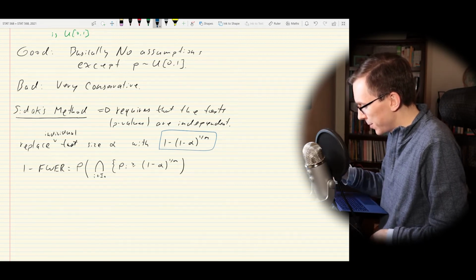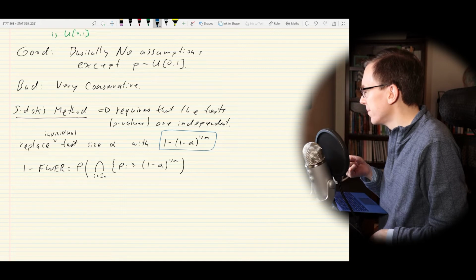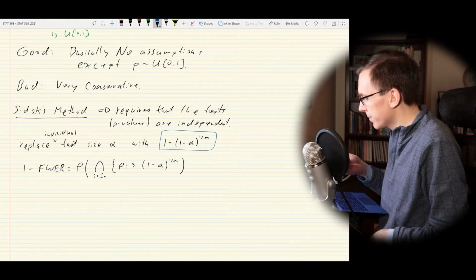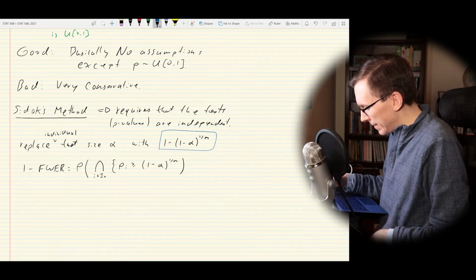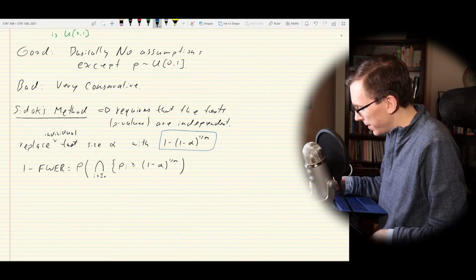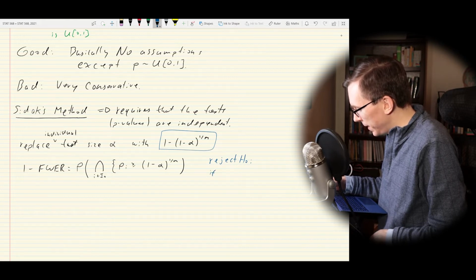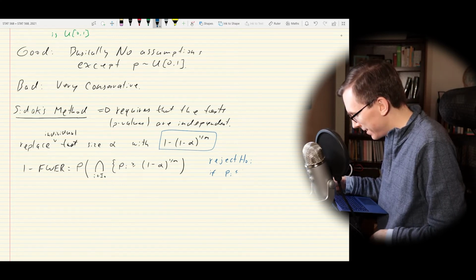Right, because the idea is, do I want 1 minus alpha over m? No, I think that's what I want. The idea here is, let's write off to the side here, we would reject H naught i if pi is less than, well, less than or equal to 1 over m.